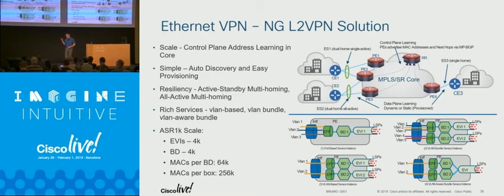Now you can use MPBGP to advertise the MAC address between the PEs. Well, it's still using data path MAC address learning on the access-facing interface. So by doing so, you're able to leverage all your operational expertise and the design principles that you already have for the layer 3 VPN and apply that to the Ethernet VPN services.